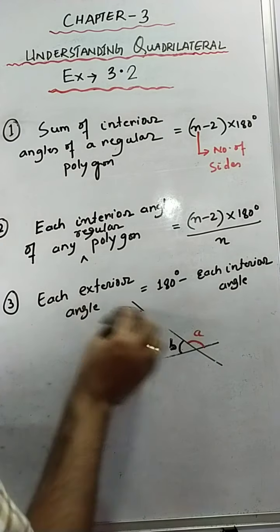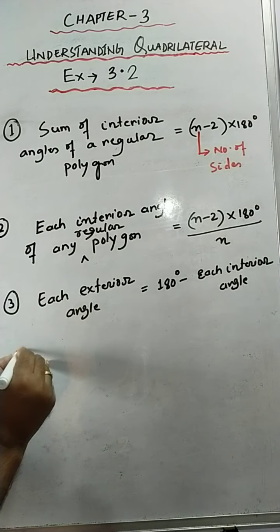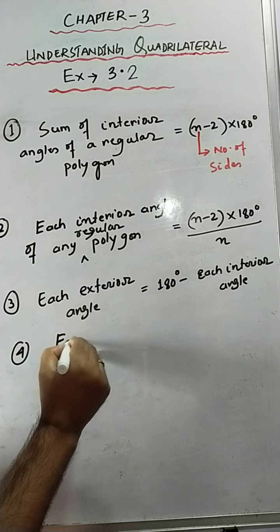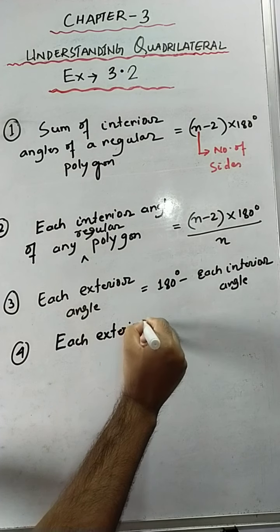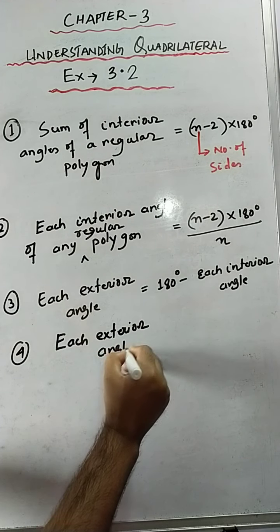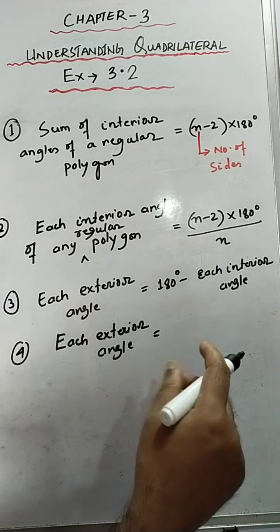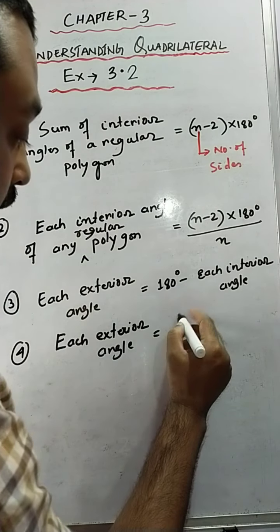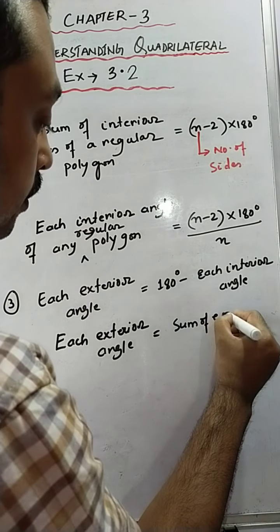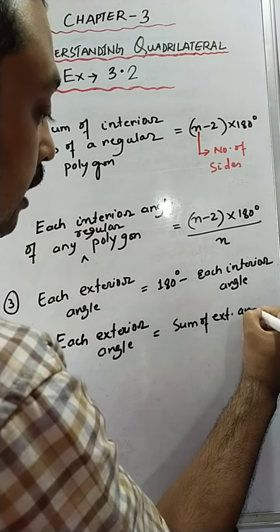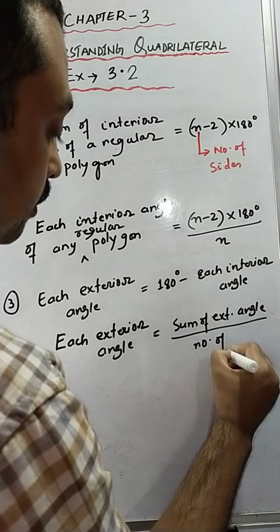Now let's move on to the second formula of each exterior angle. Each exterior angle. Now what if in the question the number of sides is given? Fine. So in that way it would be sum of exterior angles by number of sides.